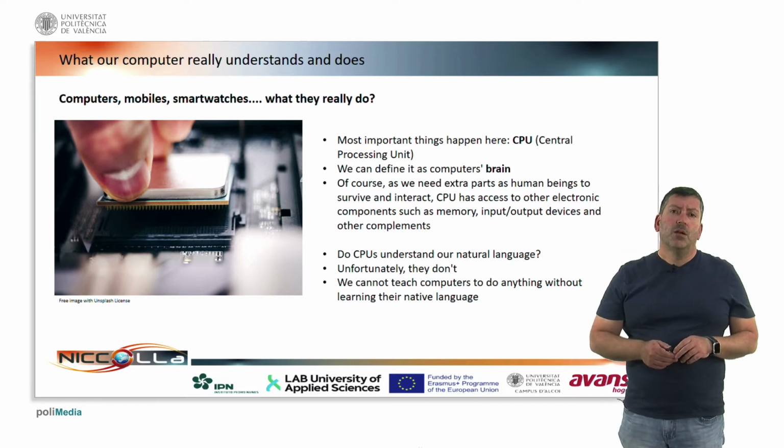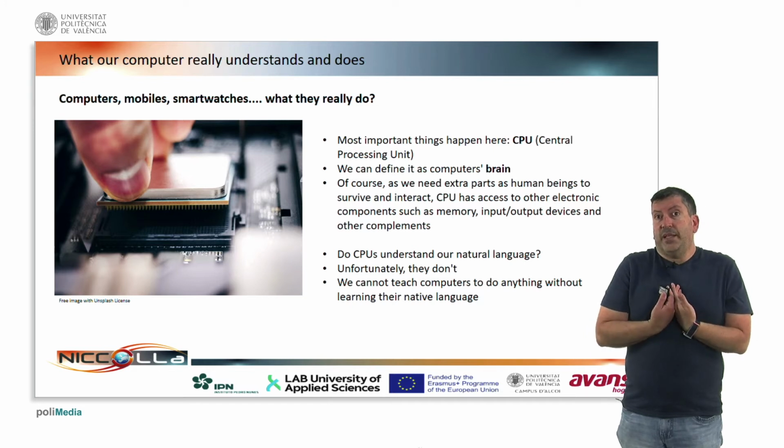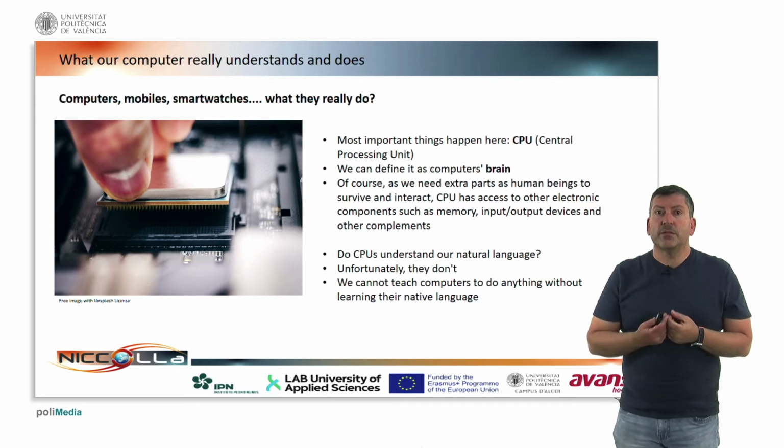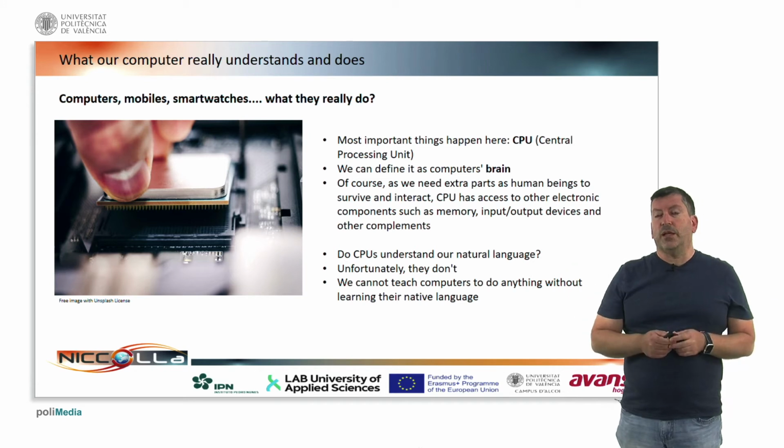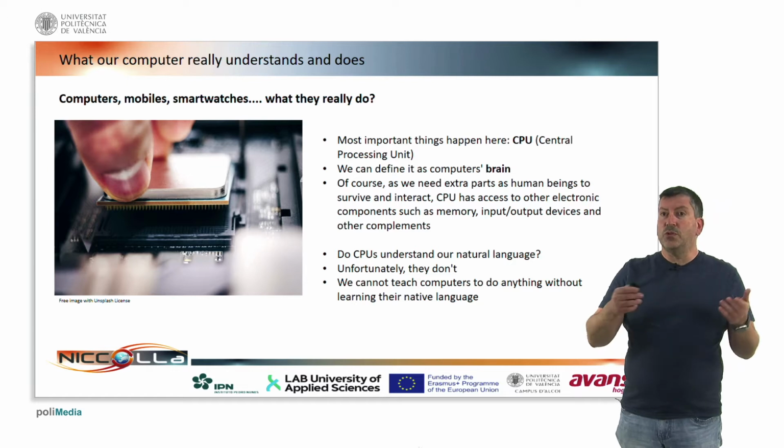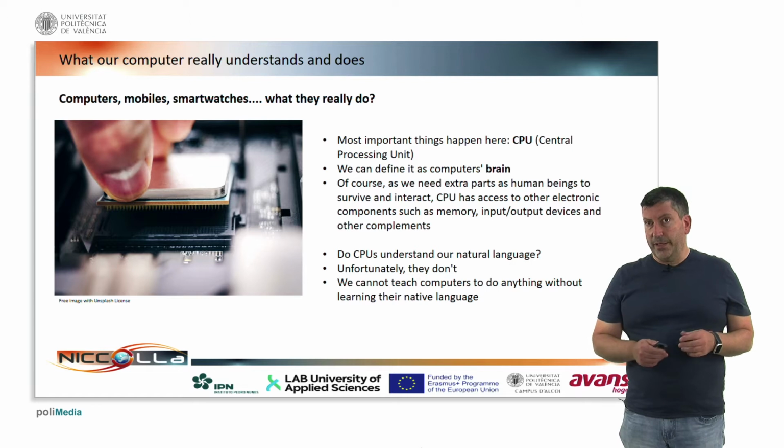Of course, as we need extra parts as human beings to survive and interact, the CPU cannot work alone. So it needs access to other electronic components, such as memory, in order to store information, input-output devices, like the screen, keyboards, and so on, and other components, okay?